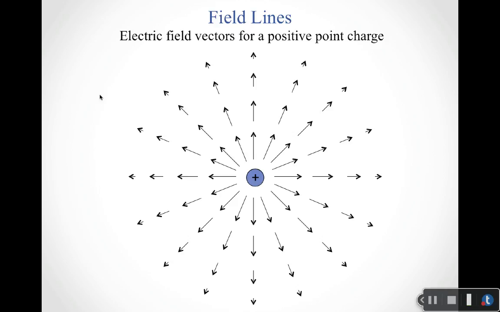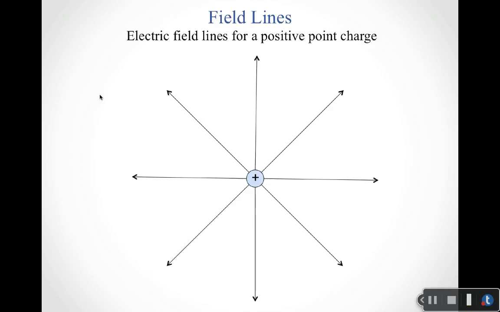But what field lines allow us to do is, instead of having to draw a whole bunch of vectors, get basically the same information by drawing a handful of field lines. Here I've taken exactly the same positive charge, and now I'm representing the electric field in terms of field lines.